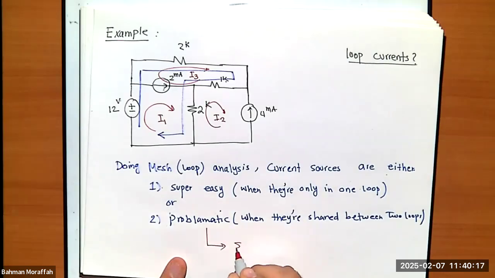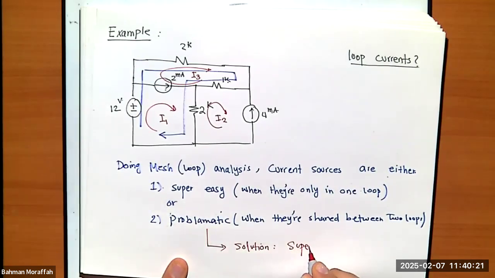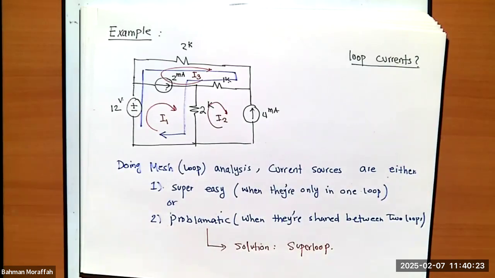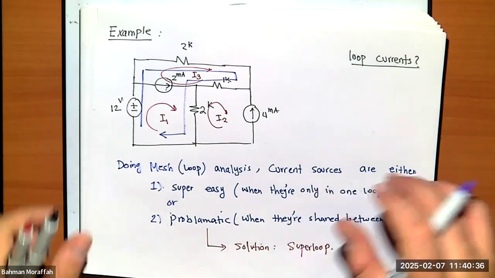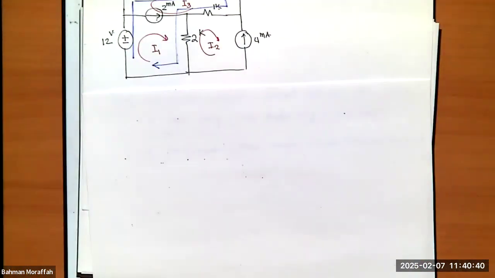So the solution here is a super loop. If I write the KVL for the super loop, then I don't have the issue with that current source in the middle, right? So let's write the KVL for the super loop.